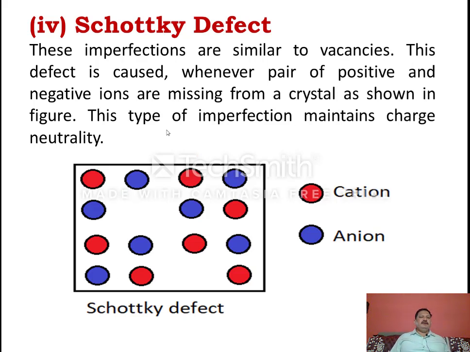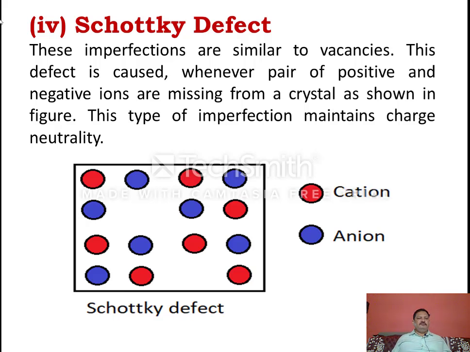So Schottky defect is just similar to vacancy defect, but this defect is caused whenever a pair of positive ions and negative ions are missing. Because of this missing of a pair of positive and negative ions, the electrical neutrality of the material is maintained.